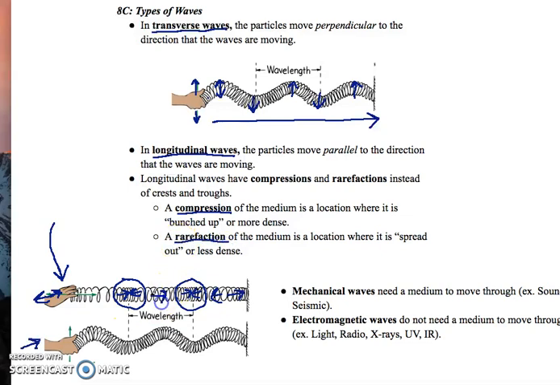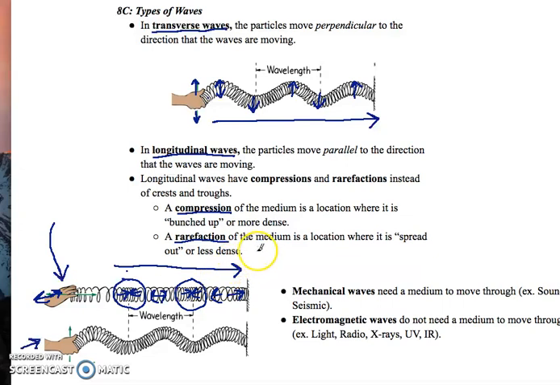Right here, where it's less dense, where it's less bunched up. And it's that motion that's actually causing energy to be transferred. So in longitudinal, you're still pushing energy into the wall. You're transferring energy this way, the wave's moving this way, but the compressions and rarefactions are moving in that same direction as well. So that's a longitudinal wave.